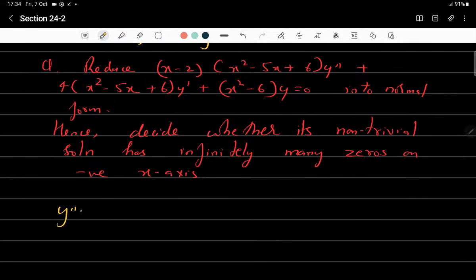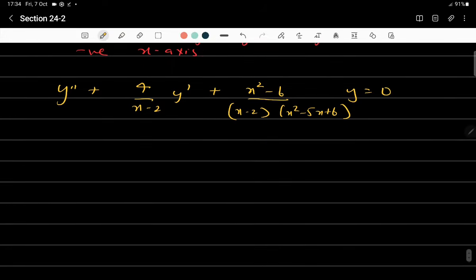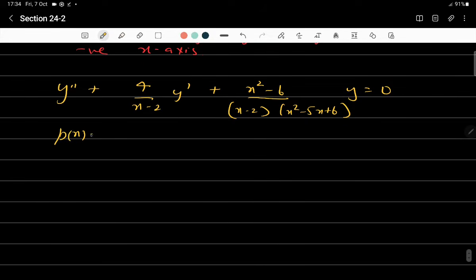So that is y double dash plus (4 by x minus 2) y dash plus (x square minus 6 by x minus 2 x square minus 5x plus 6) y is equal to 0. Yes, it means my p of x would be 4 by x minus 2, q of x is x square minus 6 by x minus 2 x square minus 5x plus 6.